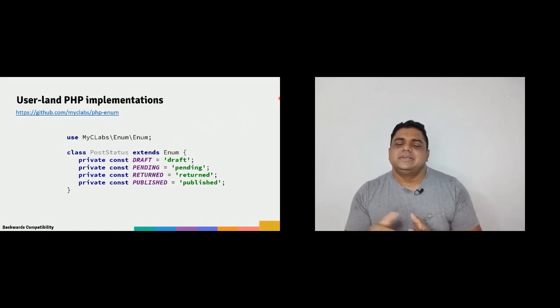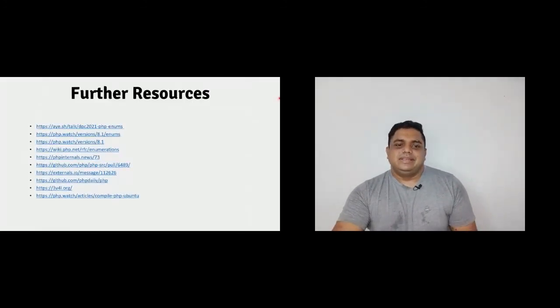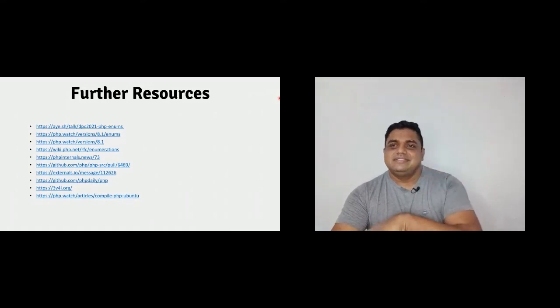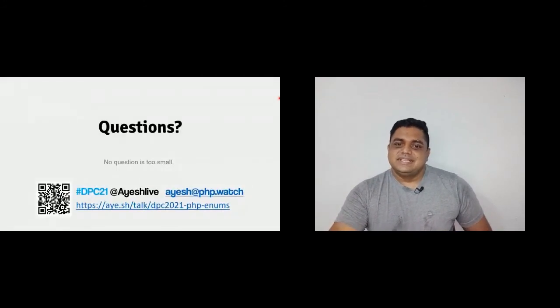But if you would like to have the same methods or something similar, the semantics of enums, you can use this library. I was using this before, and I was very happy with it. And I have a list of further resources. The slides are available to download, so you don't have to take notes here. These are some of the further resources.